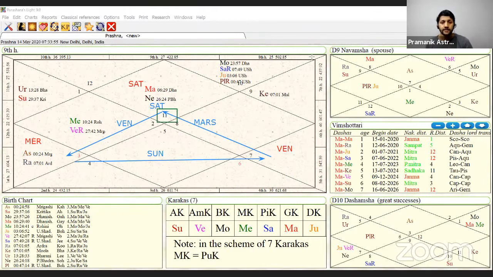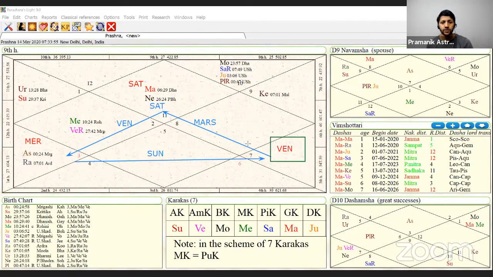So for Saturn, it is ruling the 12th house as well, yet it is ruling the Lagna. So Saturn will be a good planet for Aquarius ascendant. Now the most important planet for Aquarius ascendant is the Venus. Why Venus?